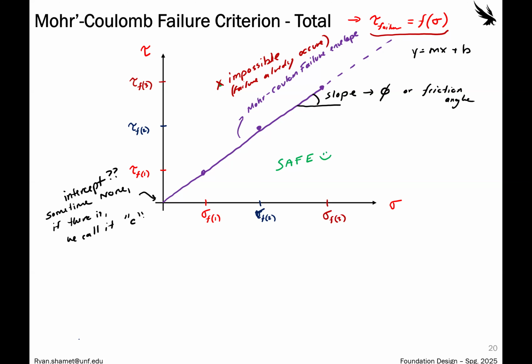Now think about what that is telling us. If we have a shear strength when there is no normal force applied to it, so if we have a y-intercept here, we have a shear strength with no normal force applied to it. What would that be? That would be our cohesion.